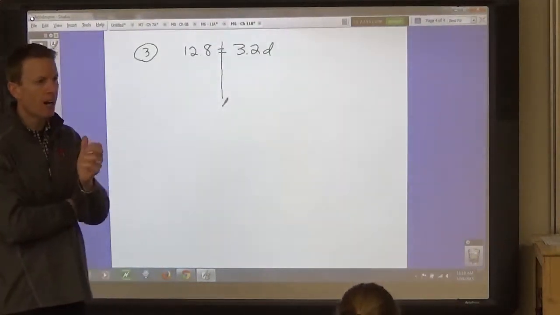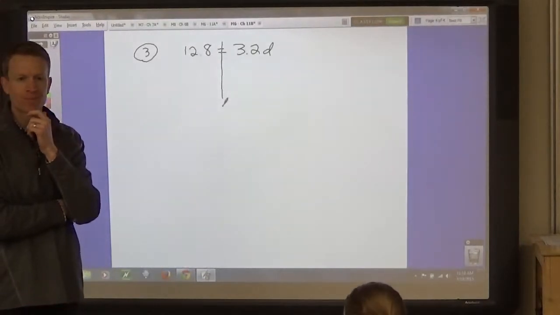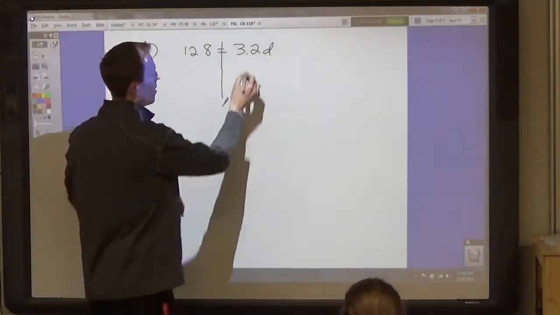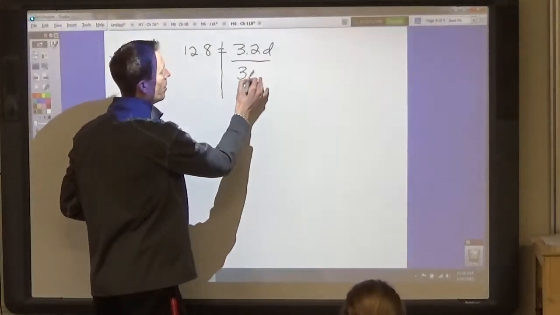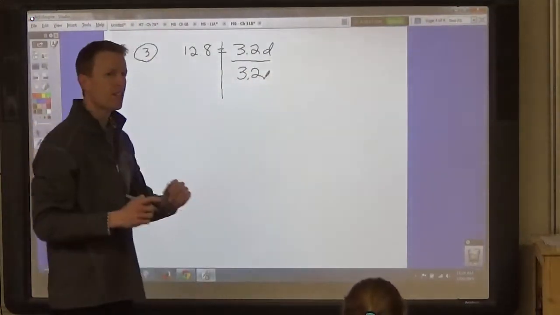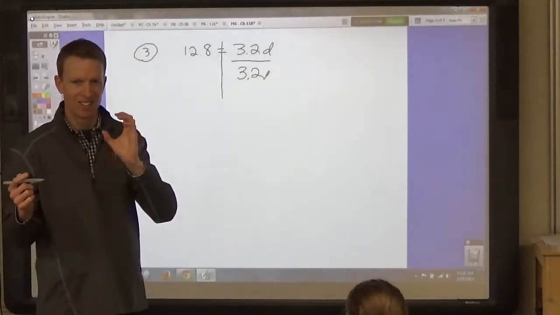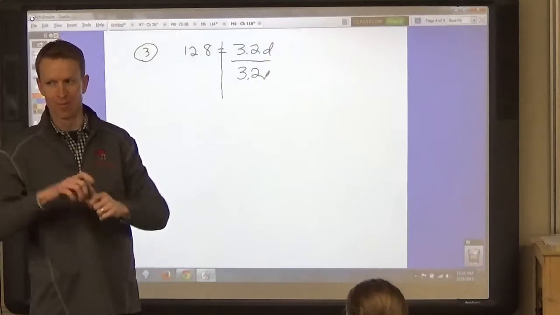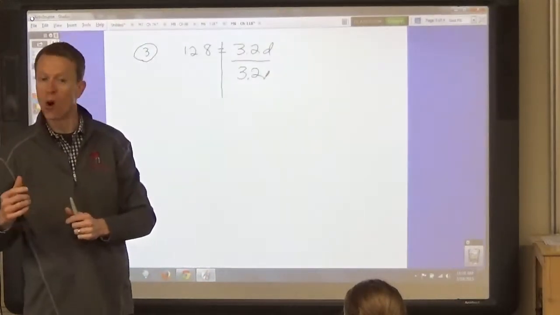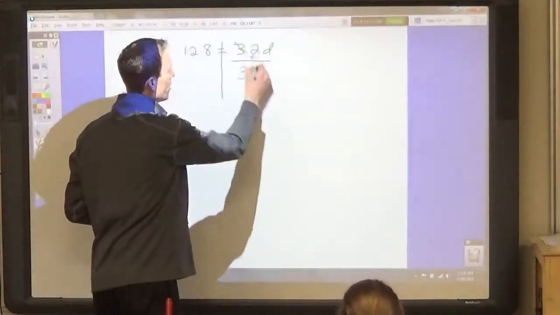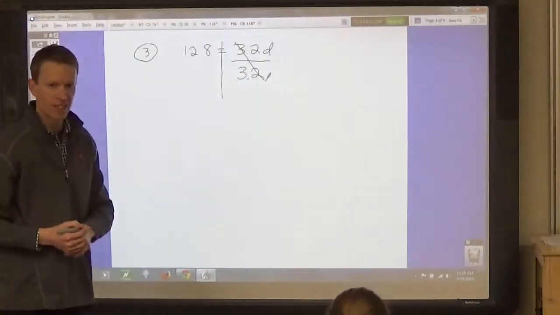What should we divide by? Divide by 3.2. Because 3.2 is the what? The coefficient. Always divide by the coefficient and cross it out.